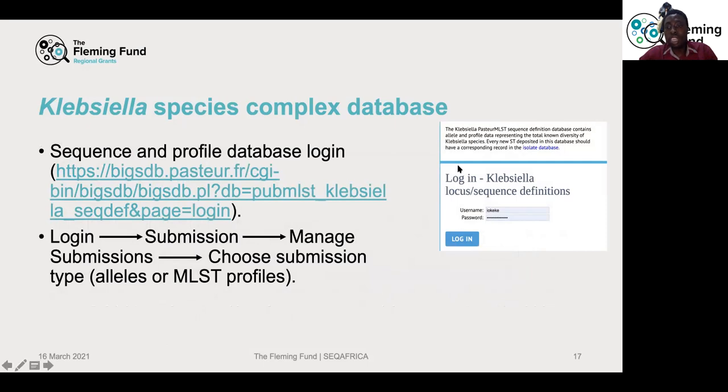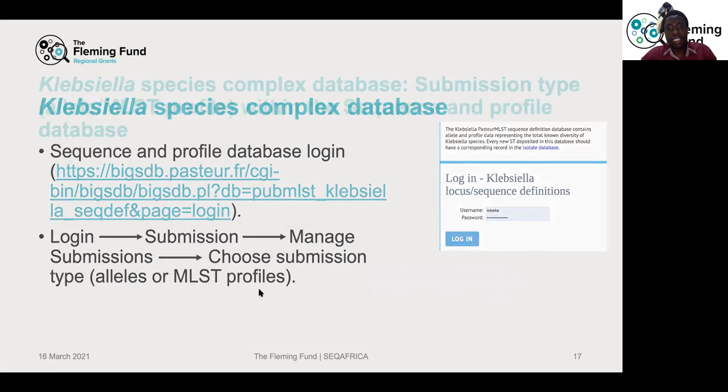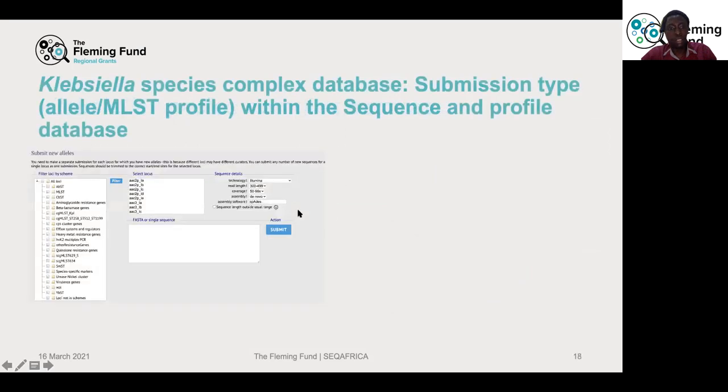After obtaining the username and password, you log in, you get to the submissions icon, you click submissions, and then you click manage submissions. This will take you to a page where you can choose whether you want to submit alleles or MLST profiles, as seen in the next slide.